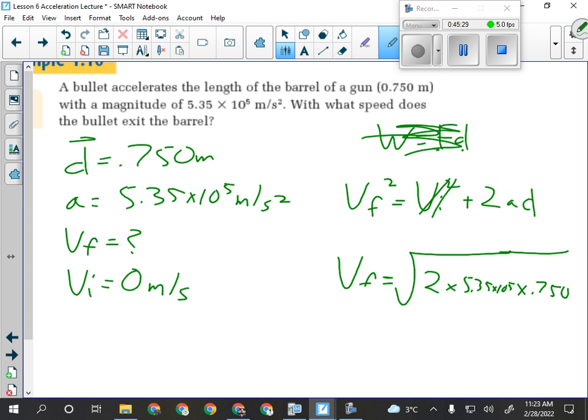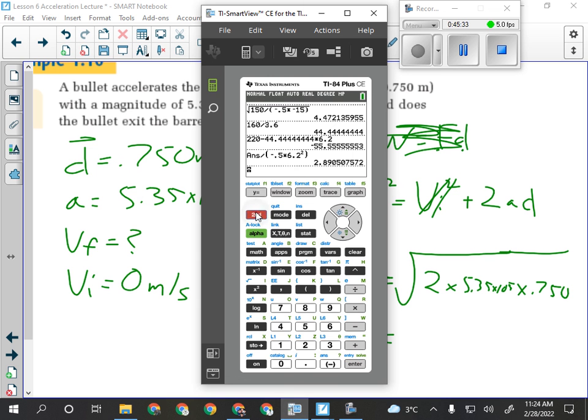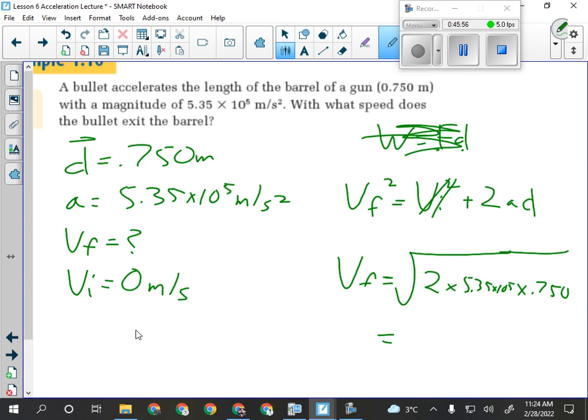That's 2 times A times D, square rooted because this solves for VF squared. Okay, the bullet leaves the barrel of the gun at 895.8 meters per second. I think we have 3 significant figures here, so 896 meters per second.